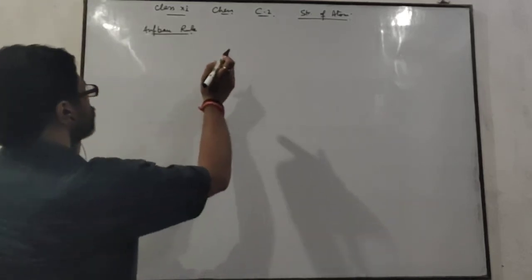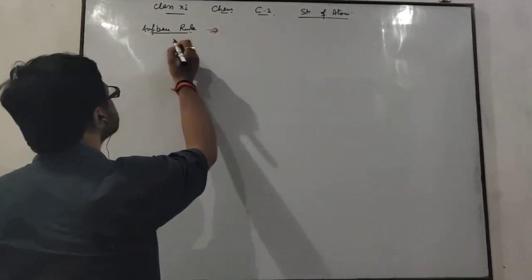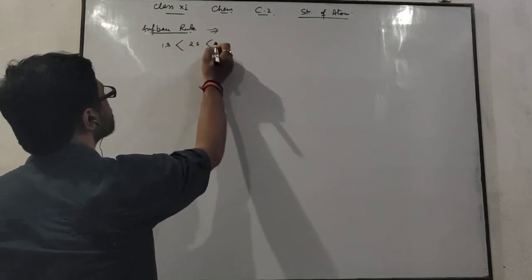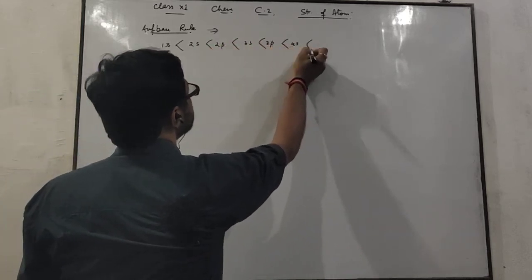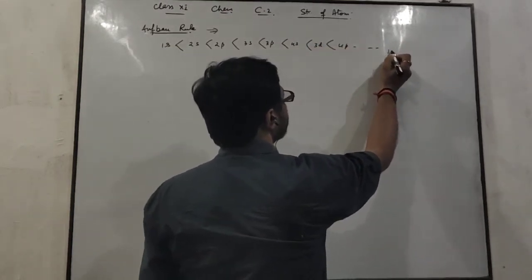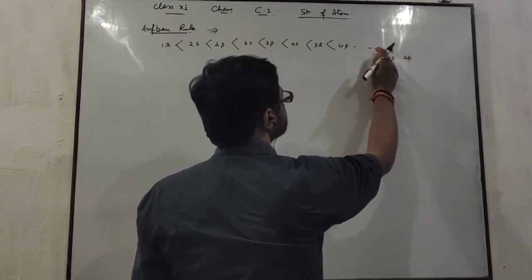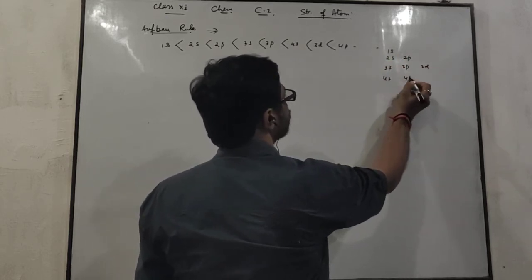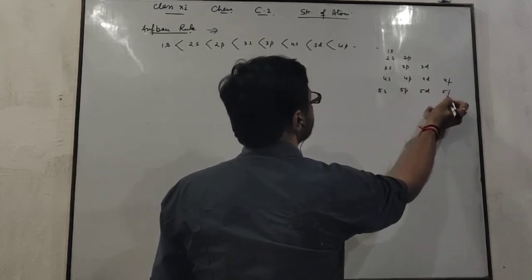You know that this rule follows a series of various orbitals like 1s, 2s, 2p, 3s, 3p, 4s, 3d, 4p, etc. This series can be obtained by drawing this table: 1s, 2s, 2p, 3s, 3p, 3d, 4s, 4p, 4d, 4f, 5s, 5p, 5d, 5f.